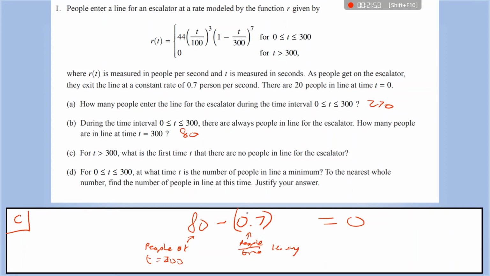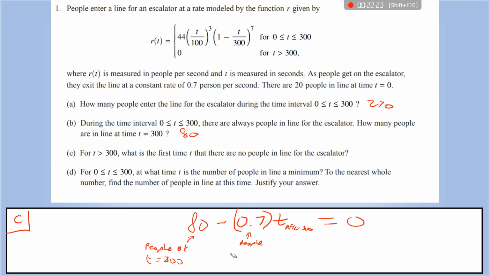I need this equation to be only in terms of people, so what do I have to multiply this people over time by in order to get people? Times time. Okay, then I can solve for t. That will give us the time after 300 where the number of people will reach 0. Are you okay on the setup?